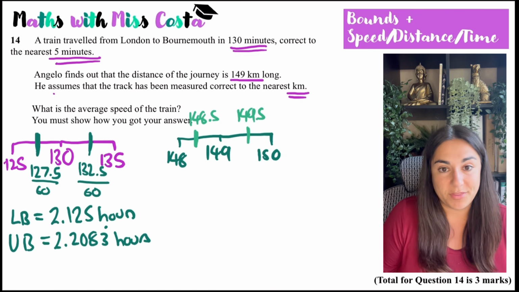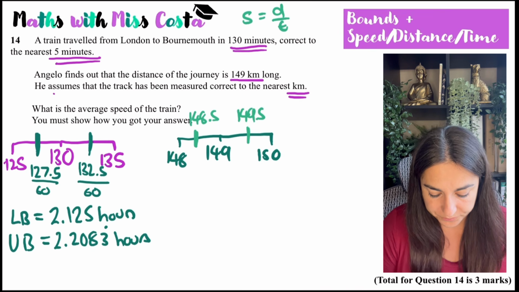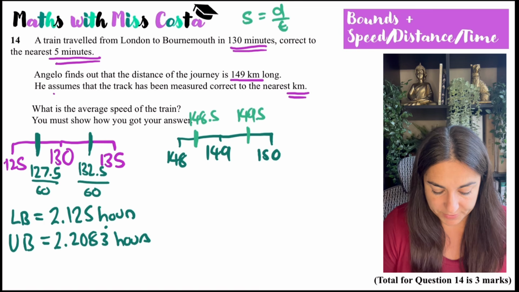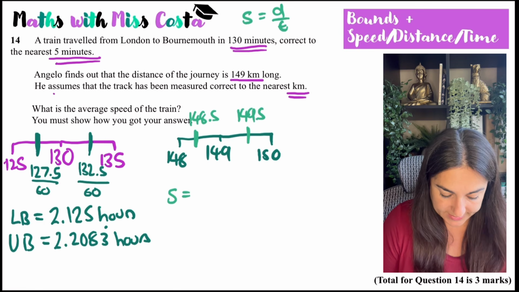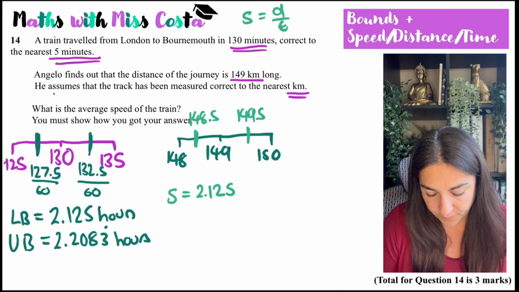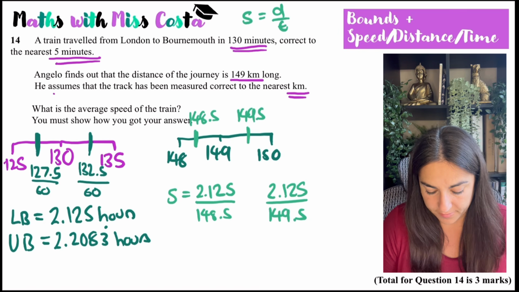So I need to work out what the average speed is. Remember that speed equals distance over time. So I'm going to have to do that for all of my values.